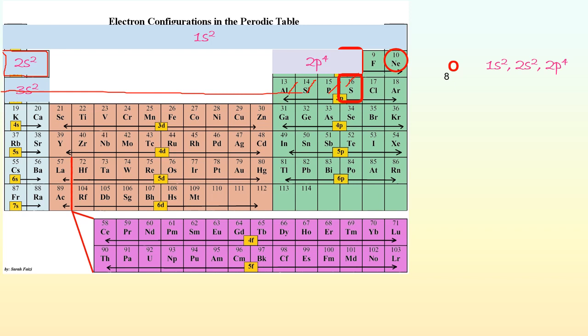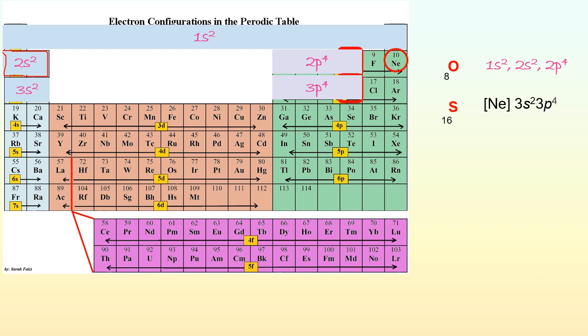The third shell contains two subshells, 3s and 3p. So when we write sulfur, atomic number 16, we just write neon and after neon 3s2, then 3p4.